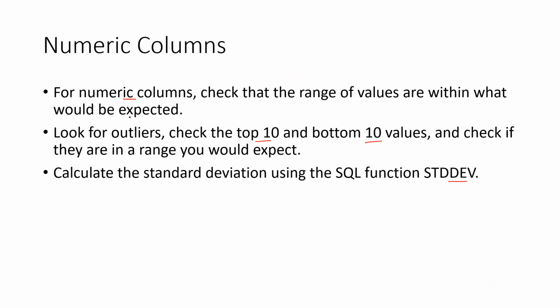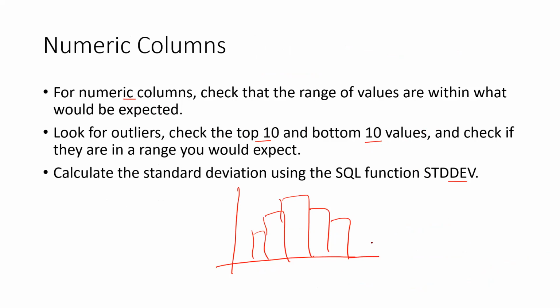If you have a numeric field, the best way is to plot a histogram so that we can see what values we are having here, and check whether there is a clear outlier, completely out of range, or not. We can plot a histogram and even calculate the standard deviation and see the variance of my data, how much variance we have.